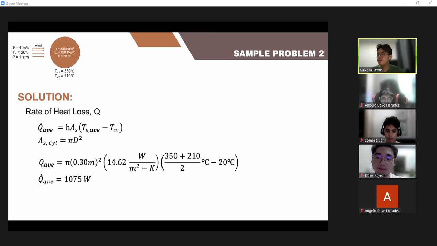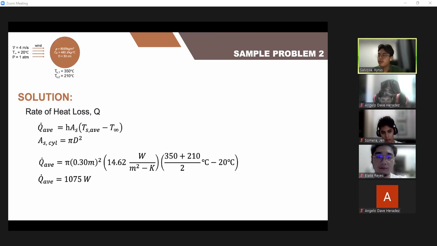Then, we solve for the rate of heat loss from the sphere. Take note that AS refers to the surface area of the sphere, which is the ball, which is spherical in shape. Therefore, AS is equal to pi d squared.